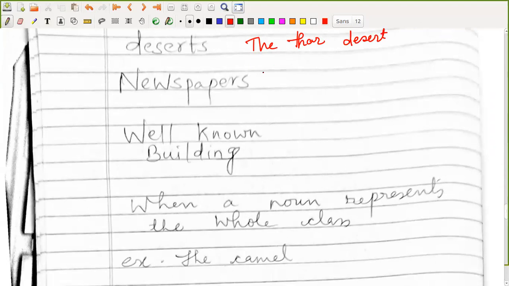The Thar Desert. Before newspapers, the Times of India. Then before well-known buildings, the Burj Khalifa.